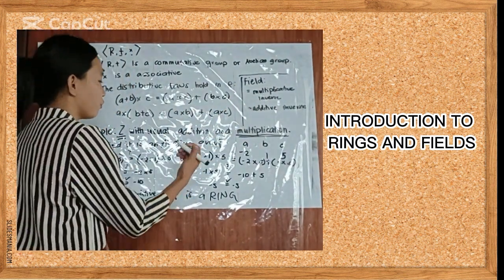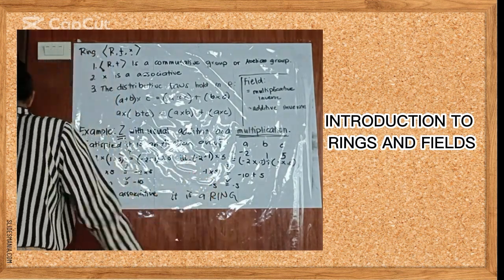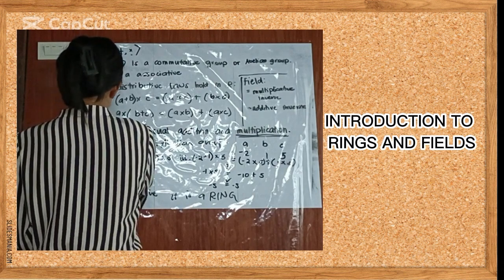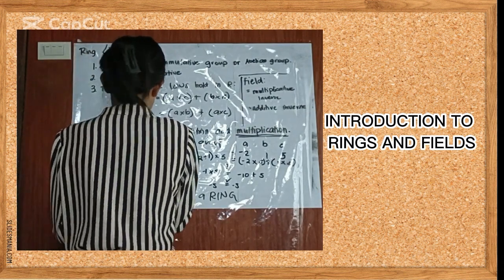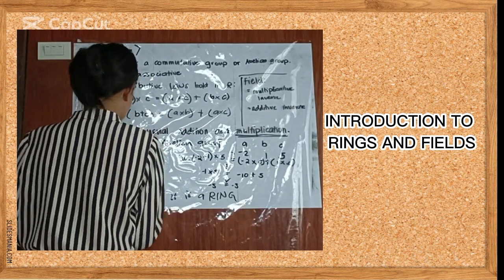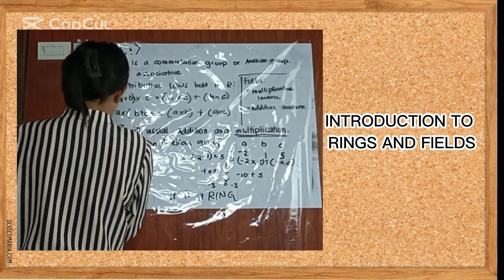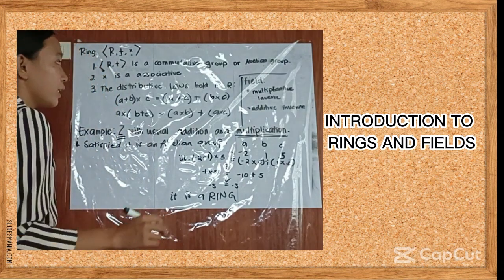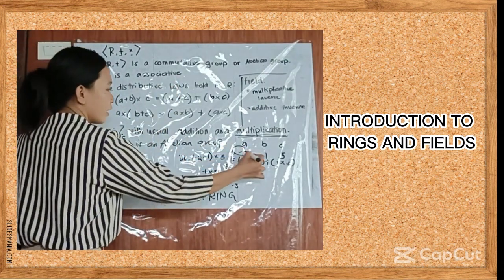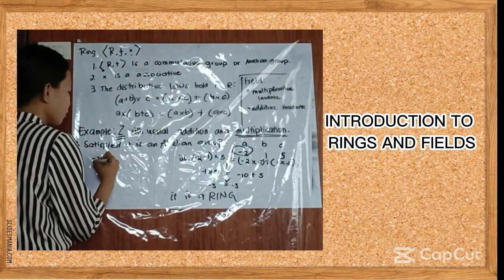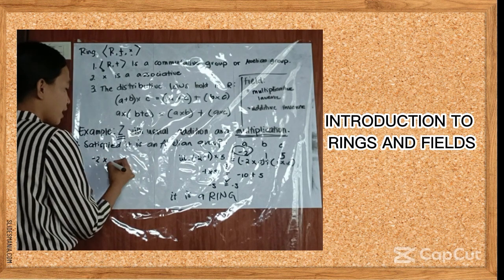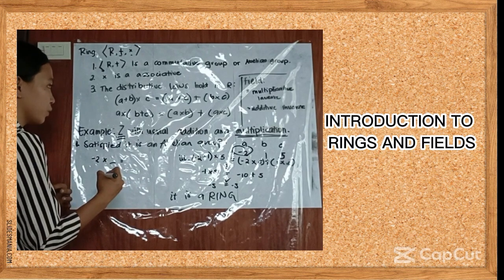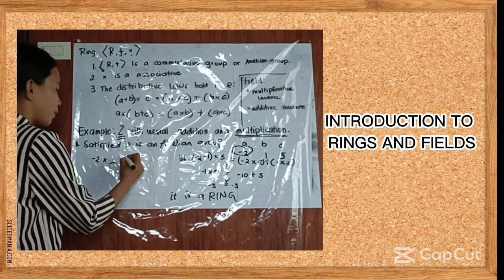So let's have -2. -2 times any number should be equal to 1.